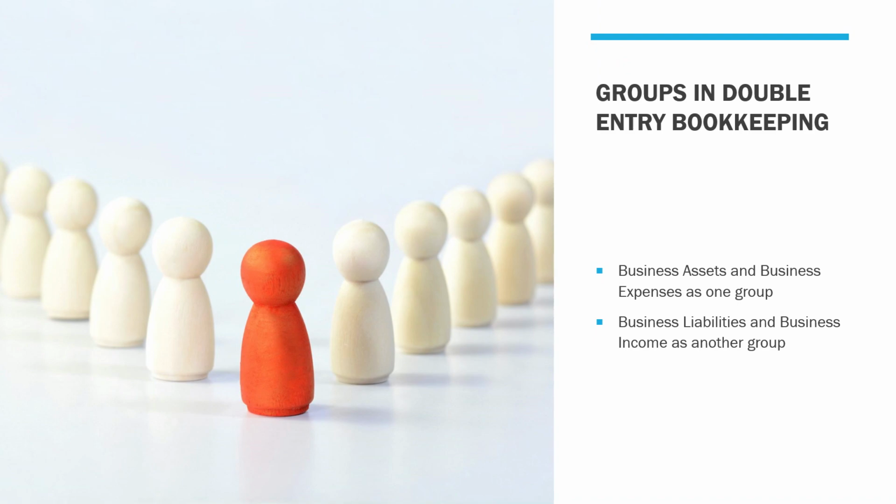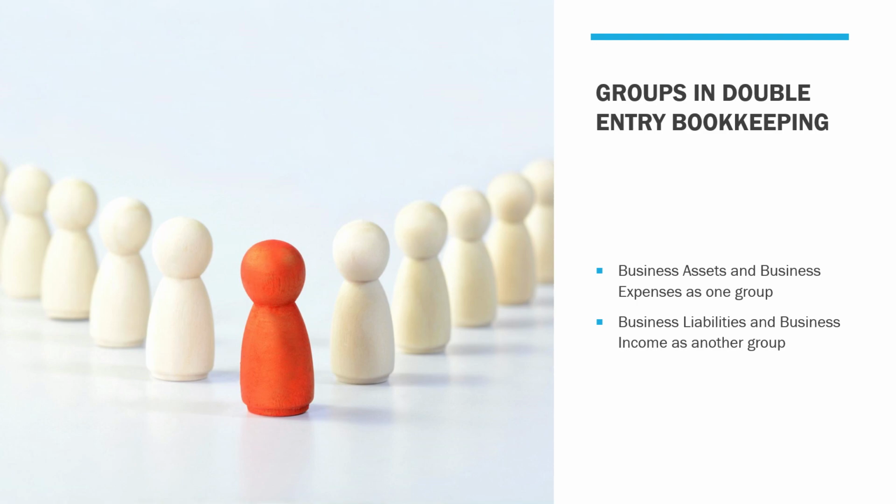You also need to remember that double entry bookkeeping principles treat business assets and expenses as one group of entries in relation to debits and credits, while business liabilities and revenues are treated as another group of entries.